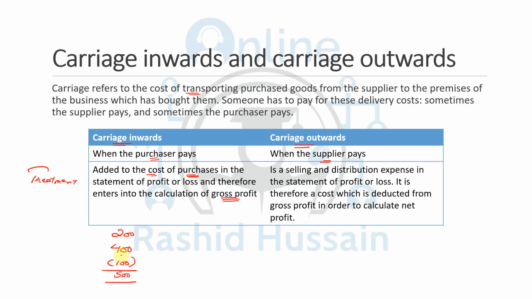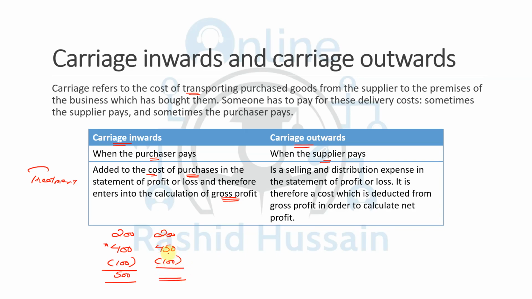Now what if in this 400 calculation you forgot to record the carriage inward of $50? So let's do that. It was not 400, it was 450, because you forgot to record the carriage inwards. Now the remaining will be the same.